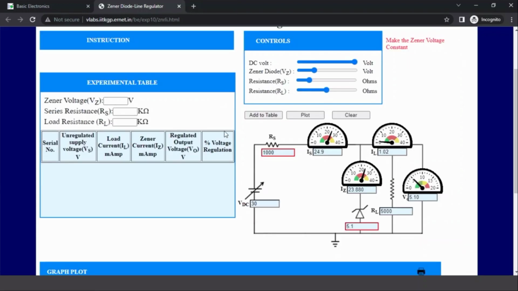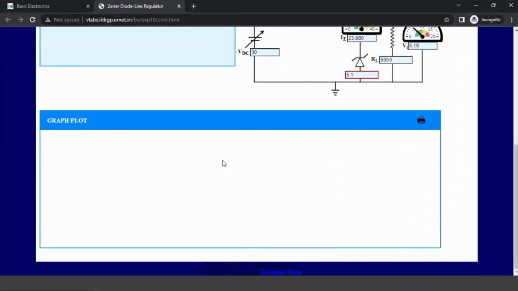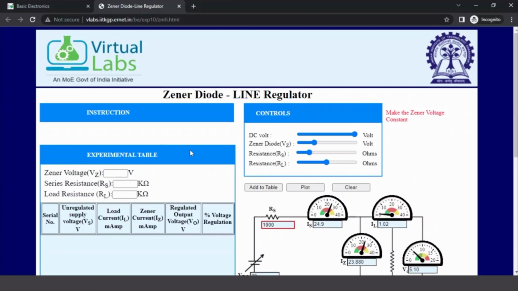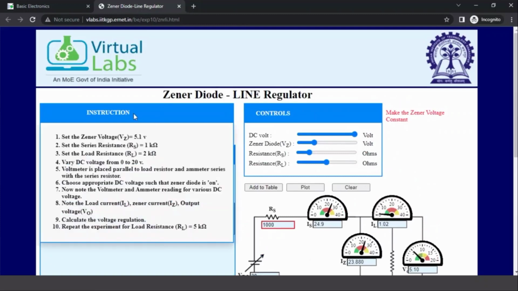Okay, so you'll get two plots on the same graph paper. One is for RL is equal to 2 kilo ohm, the other one is for RL is equal to 5 kilo ohm.